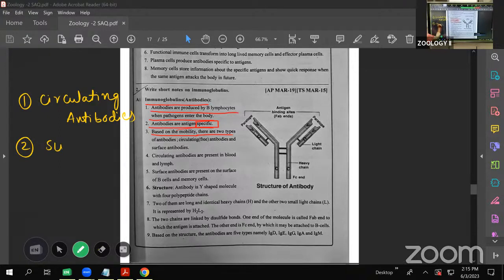Depending upon the movement, they are of two types.